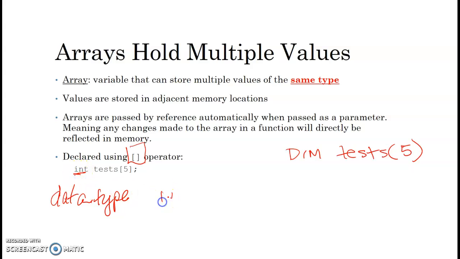It has an identifier name, which is the variable name. In this case, tests. And then it is declared oftentimes with a size. And we'll see a little bit later on different ways to declare an array by not giving it a size, but how we would need to do that. The size is inside of the square brackets, very similar to what we saw in BASIC.